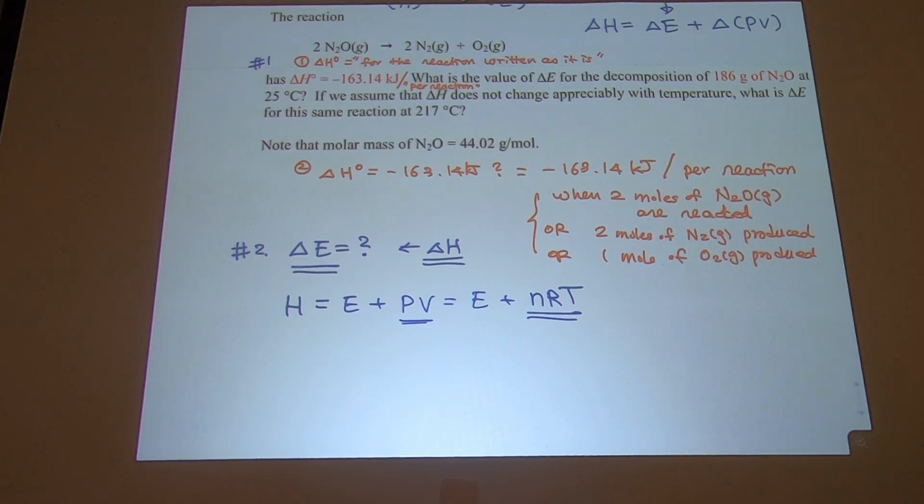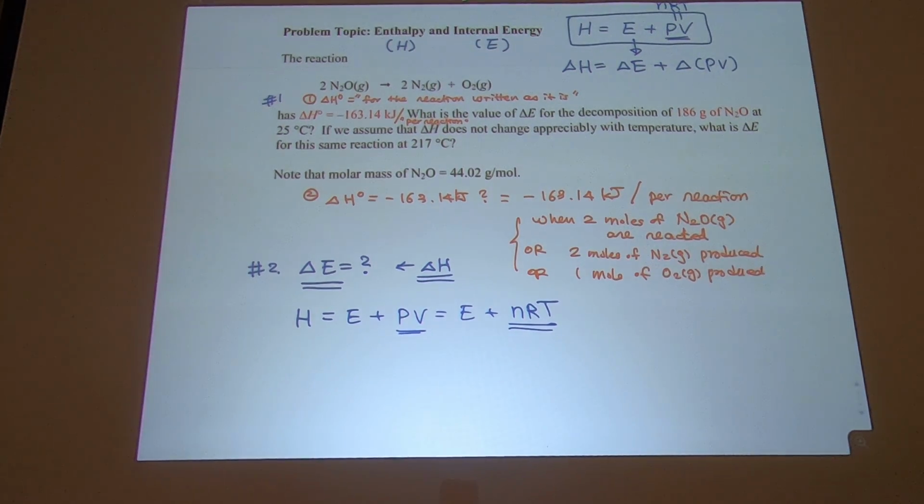Instead of dealing with both pressure and volume, I just deal with the temperature. Now let's read the problem. What's the value of delta E for decomposition of certain grams of NO2 at 25 degrees C? So immediately, 25 degrees C is 298 Kelvin, so 298 is the temperature that I will use.